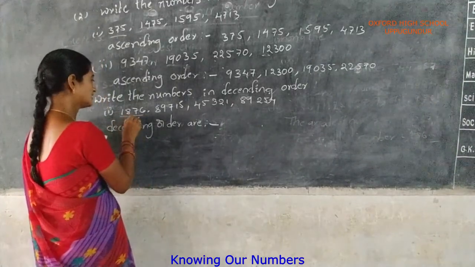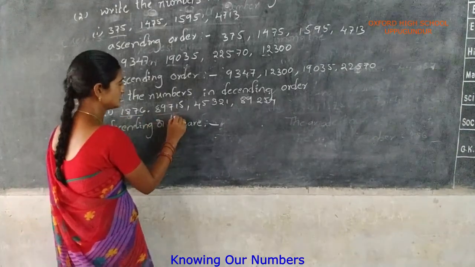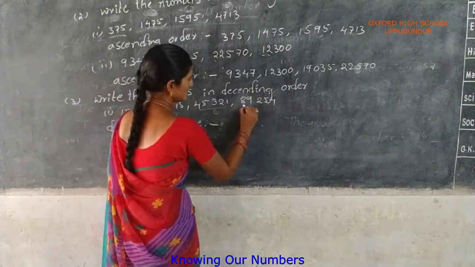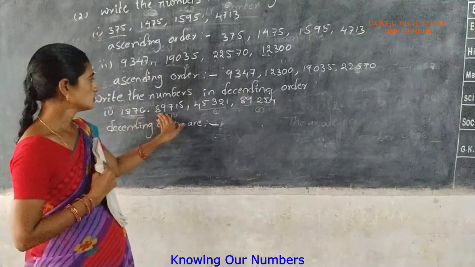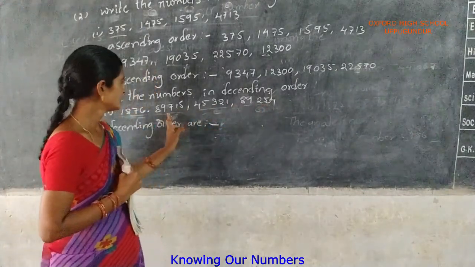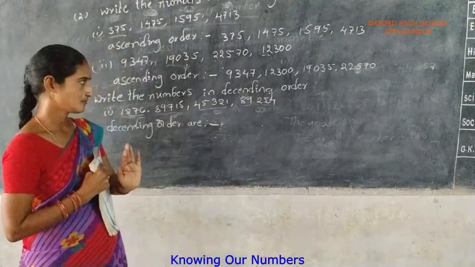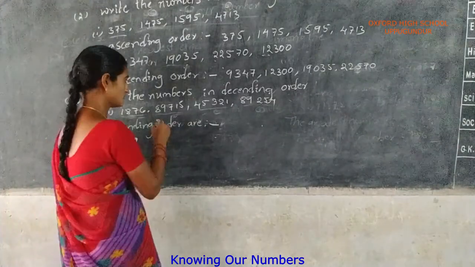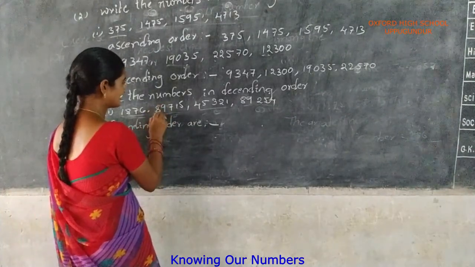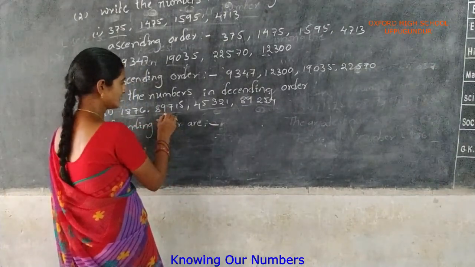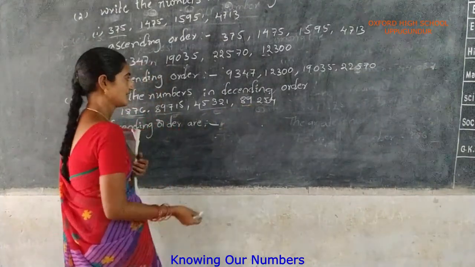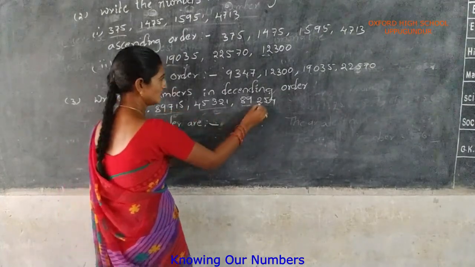This is a 4-digit number. This is a 5-digit number. This one 5-digit number. This one also 5-digit number. Big to small means these three groups of 5-digit numbers. Comparing place values: 10,000 plus 8, 8. Next, comparing the thousands, same. Next, comparing 7, 2.